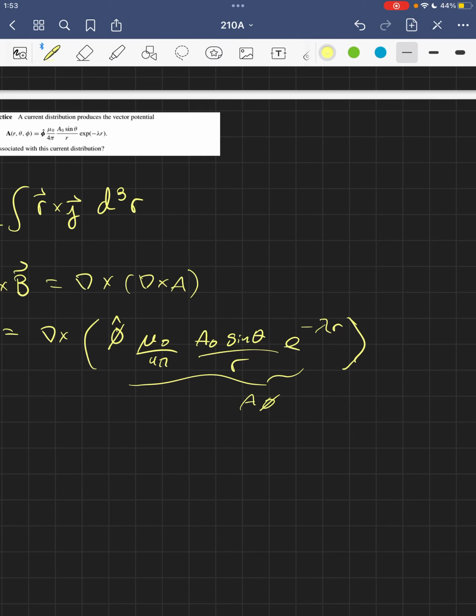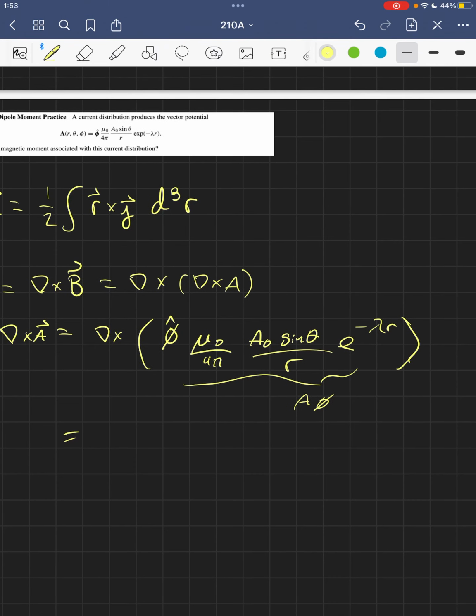So if you take the curl of this, I'll just write it mu naught a0 over 4 pi. Okay, that comes out because those are not going to be differentiated. But in the r hat term, you're going to have 2 cosine theta over r squared. Let me go back a little.